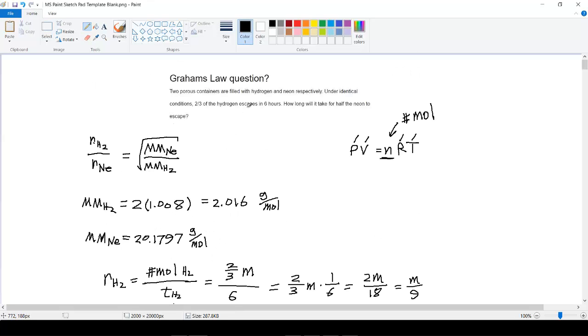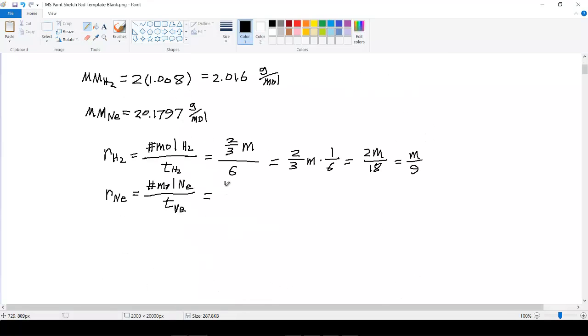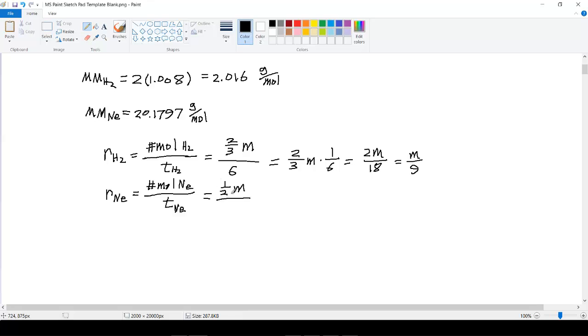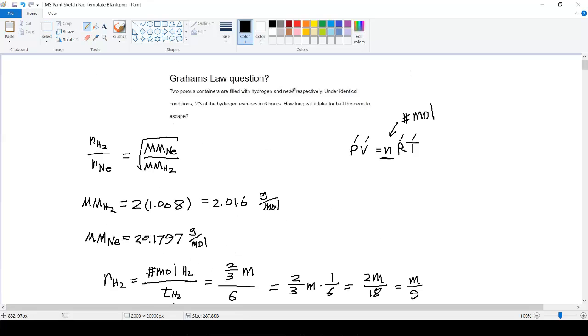And we're told that half of the neon will escape. So it will be 1/2 m. In other words, we know that originally it had m moles of neon, because we saw from the ideal gas law that either way, the number of moles of hydrogen or neon was the same to begin with. And in this case, half of them escaped. However, we're not told what the time is.